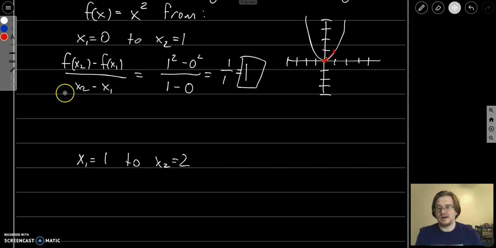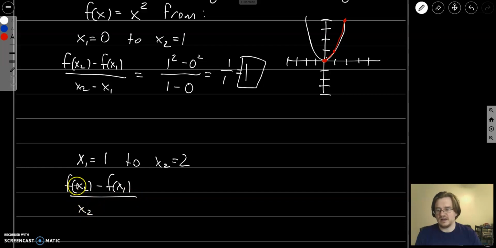So how about from 1 to 2? Well, we already saw that 1 squared is 1, but now 2 squared is going to be 4. So this rate of change should be bigger, because we're going up faster. Let's see if this makes sense. f(x2) minus f(x1) divided by, I shouldn't call this x squared, this is x2 minus x1. x squared is something completely different.